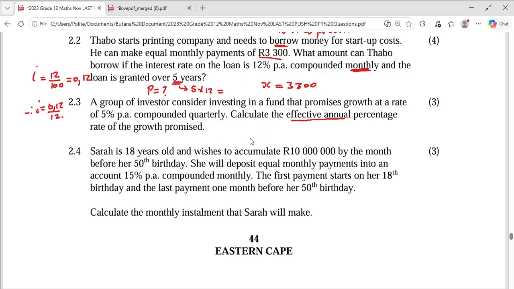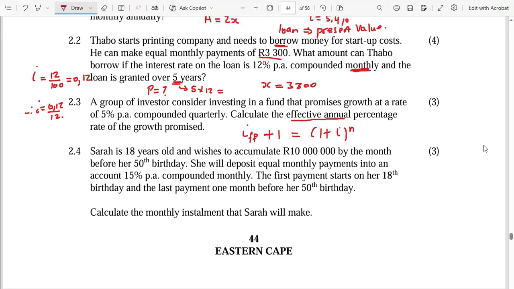If you don't know what to do, write your i effective formula down. You can copy that from the question paper. This equals 1 plus i to the power n, right? So when I write this, I need to make i effective the subject of the formula.